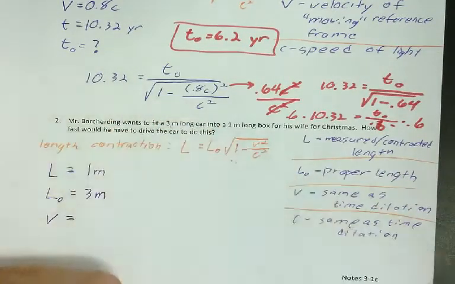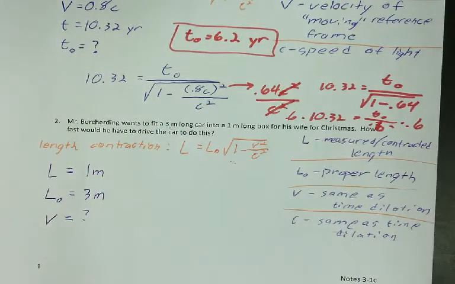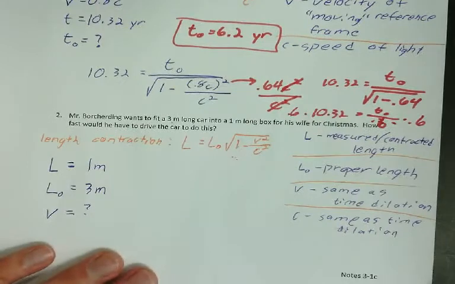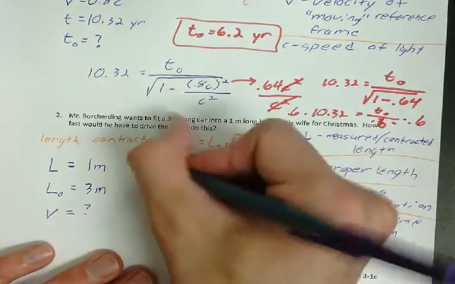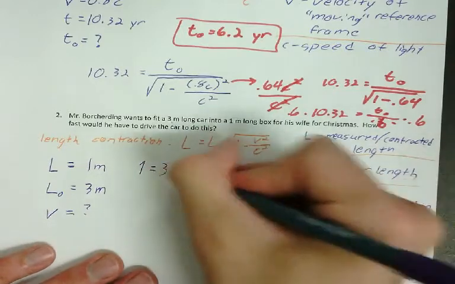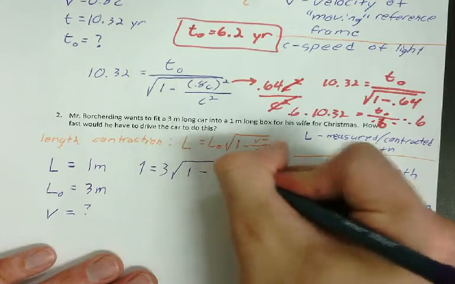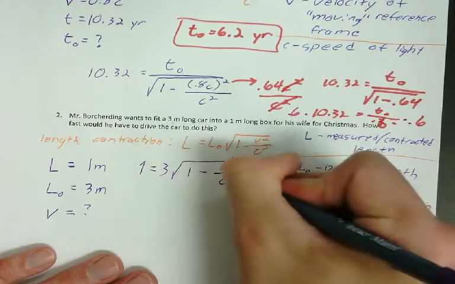So L is 1 meter, and we're solving for V. When I set up the equation, I get L equals L naught times the square root of 1 minus V squared over C squared.